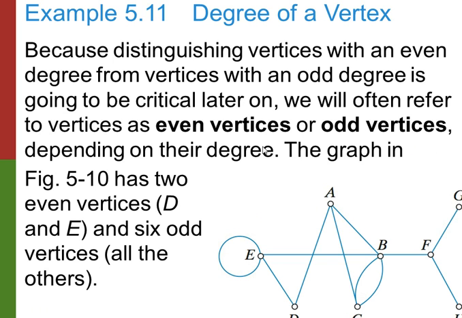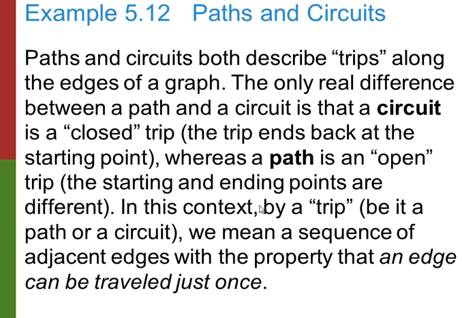Now this is going to be important because if I'm odd I can get away, but I can't get back. If I'm even, I can get there and get away. That'll be important to know when we're trying to find a path or trying to find a circuit, how I'm going to get there. 2 even vertices and 6 odd vertices. Probably have a problem, we have to count them.